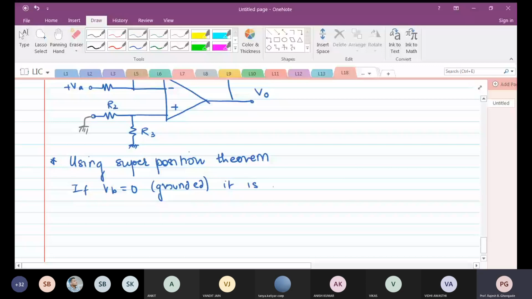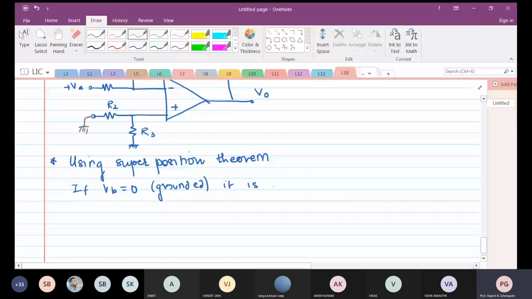So what is the equation for output voltage for non-inverting? VO is equal to 1 plus RF upon R1 into whatever is the voltage at this point. I'll call this Vx. Agreed?